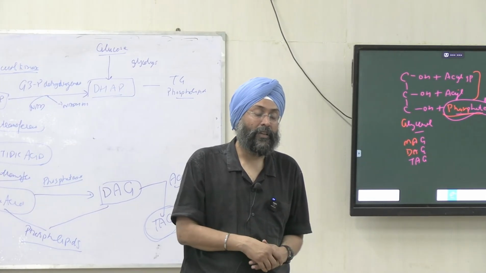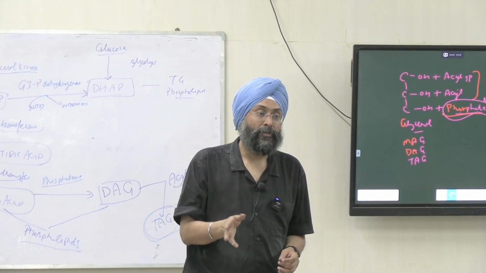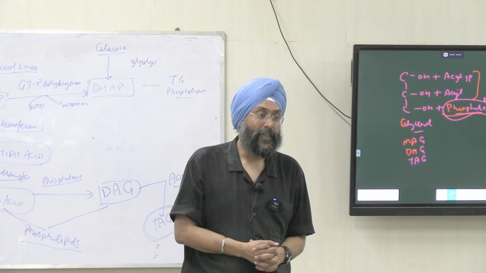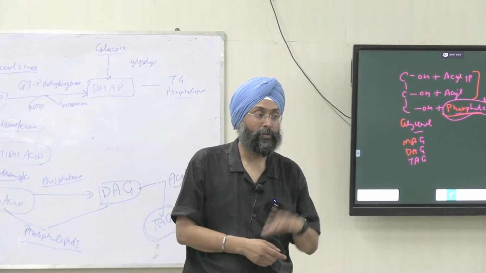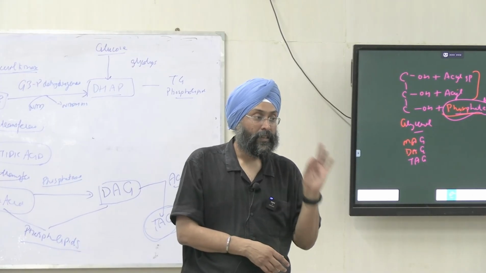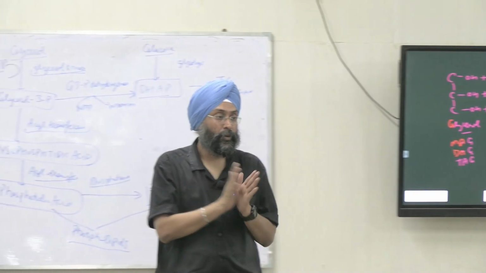Again another acyl transfer, it becomes phosphatidic acid. For phosphatidic acid we use a phosphatase reaction and phosphate is removed, it becomes our diacylglycerol. Diacylglycerol has 2 acyl groups. When we attach another acyl group, it becomes our triglyceride, that is triacylglycerol. So triglyceride synthesis is okay.